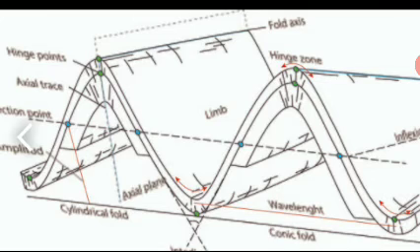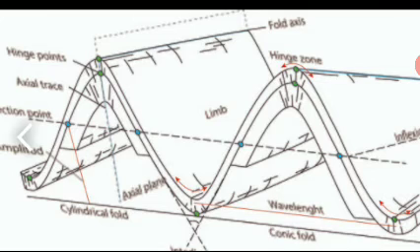Folds. What is a fold? Folds of rocks. Folds are undulations or bends or curvatures developed in the rocks of the crust as a result of stresses to which these rock beds have been subjected over time.